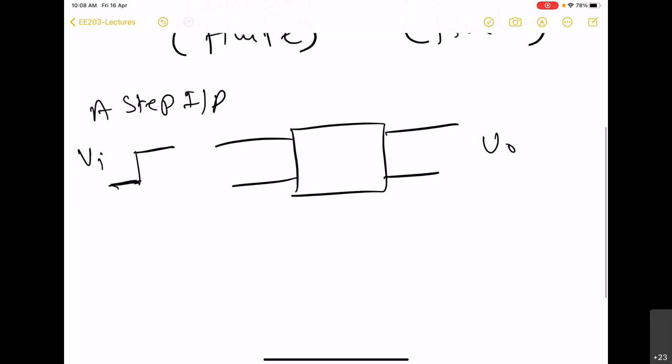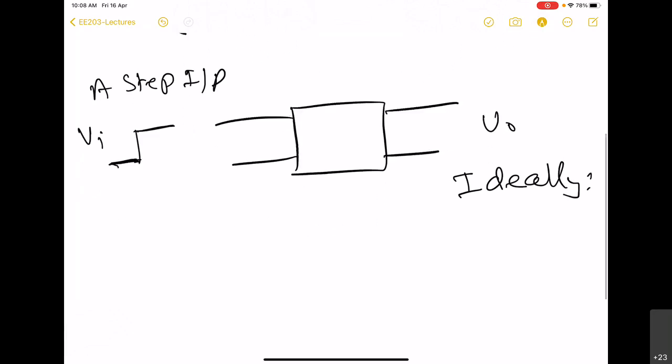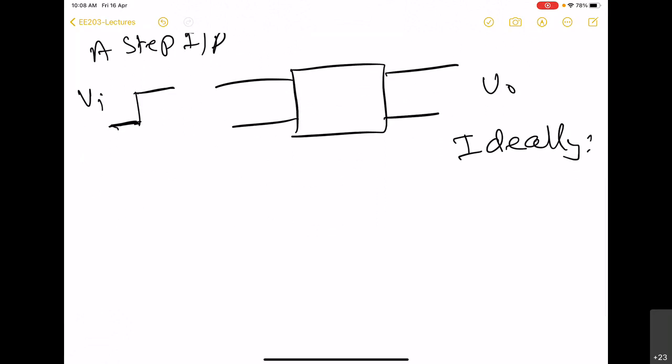Ideally, what we should get here is again a step response, but of course with a larger jump. So this is the ideal output. And if we have t equal to 0 here, this will also be at t equal to 0.